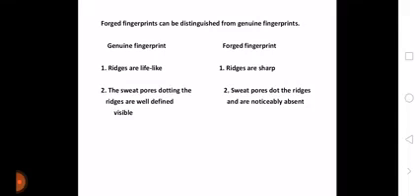Under genuine fingerprint, ridges are lifelike. In forged fingerprint, ridges are sharp. Under genuine fingerprint, the sweat pores dotting the ridges are well defined and visible. But in forged fingerprint, sweat pores dotting the ridges are noticeably absent.